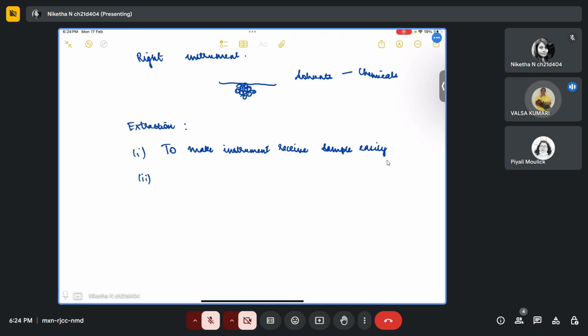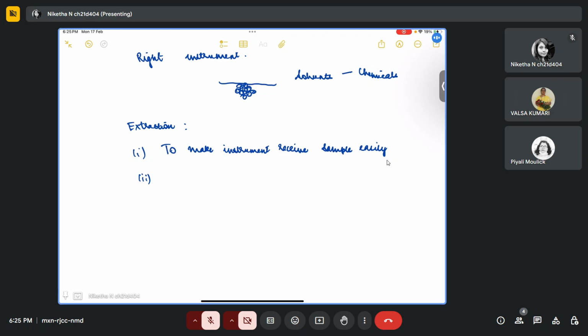Okay. So we can add some solvent so that the pollutant goes into that small amount of solvent. Then we can easily detect how much of that pollutant is present in that solvent. Yeah, so is it always done to increase the concentration? Yeah, increase the concentration.